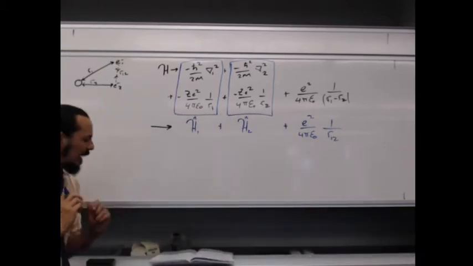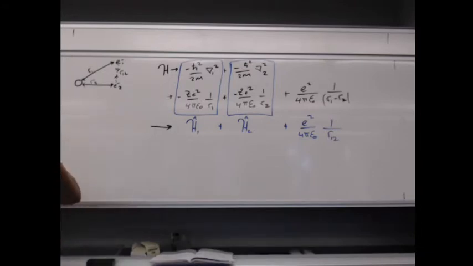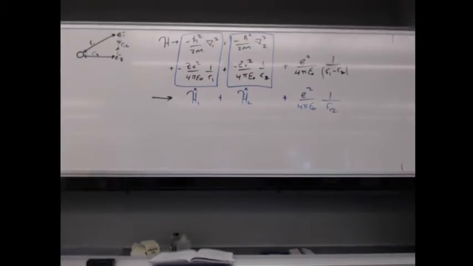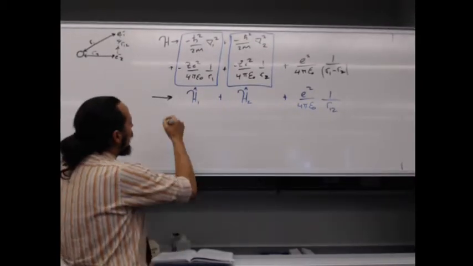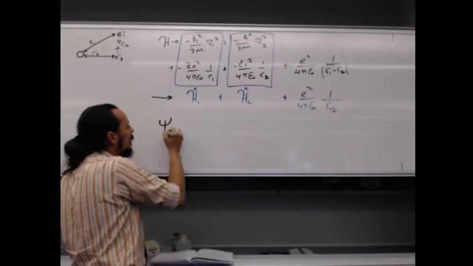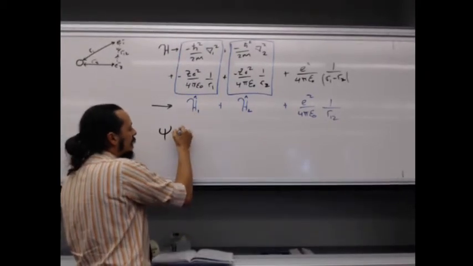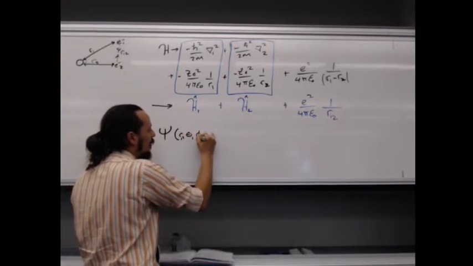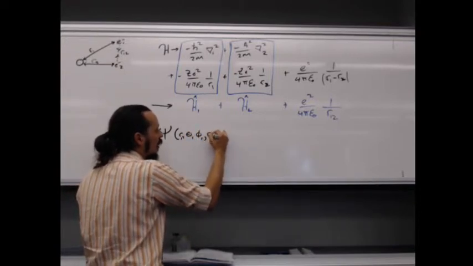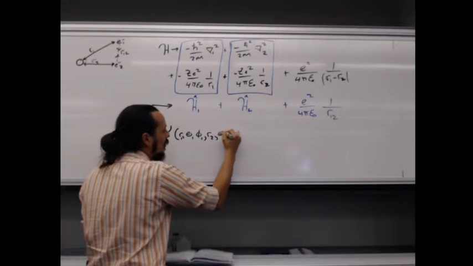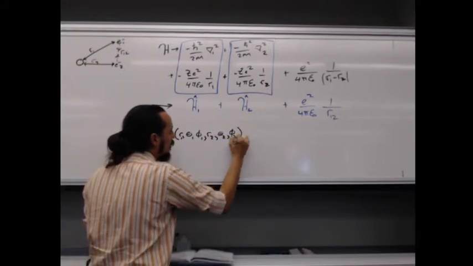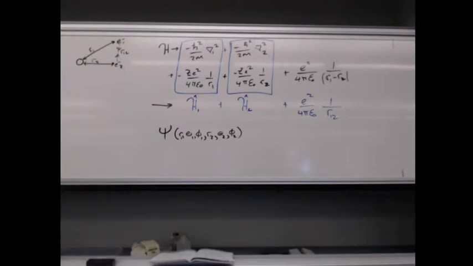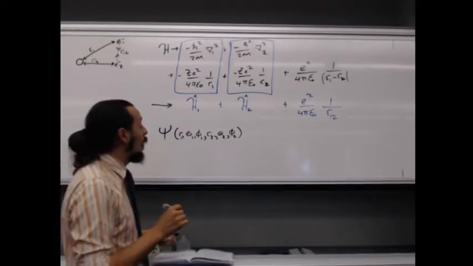Now, we can still make a first pass at what we think a good wave function would look like. We can guess at some wave function that's going to have some R1, theta 1, phi 1, R2, theta 2, phi 2. So we are in 6 dimensions now, 6 coordinates.